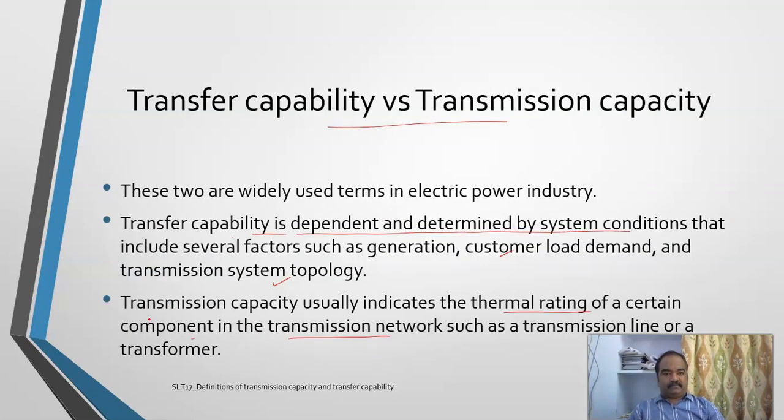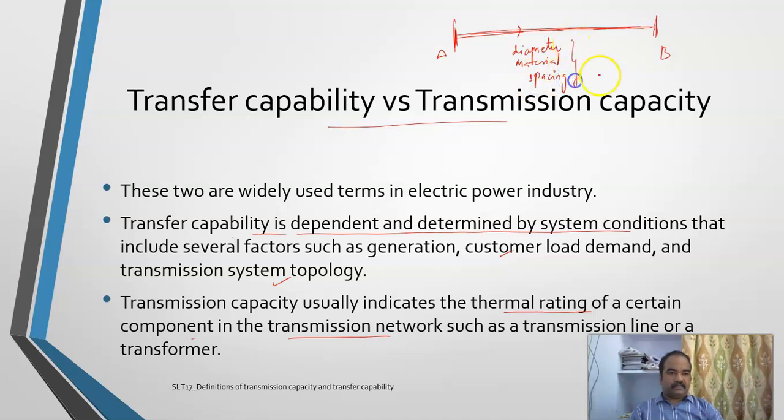So, what actually is the big difference between them? That we will see now. Let us suppose there is a station A and a station B, and I have installed a transmission line between the stations A and B. Let us suppose I have very clear information about the diameter of the conductor, the material, and the spacing between the conductors.